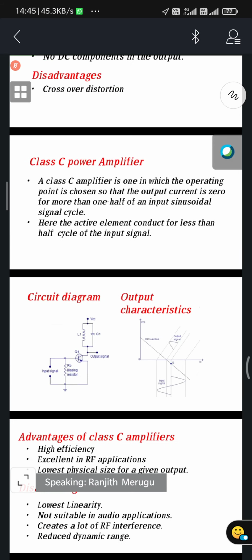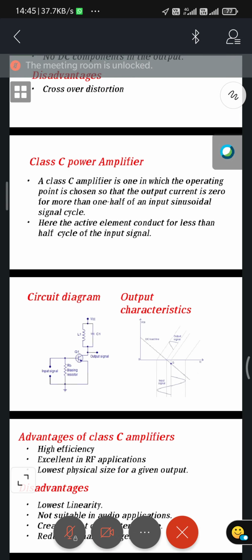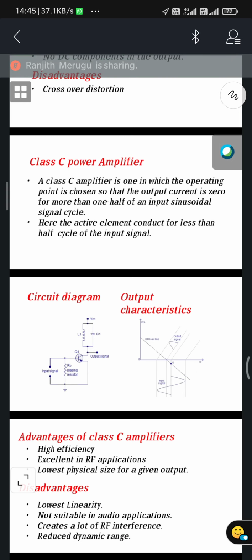A class C amplifier is one in which the operating point is chosen so that the output current is zero for more than one half of the input signal. It means what happens here? We know what the class C power amplifier is. In the class C power amplifier, the Q point is on the negative axis of VCE, right?